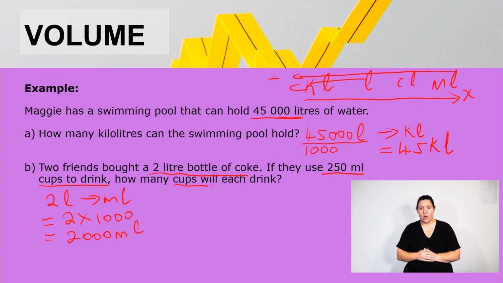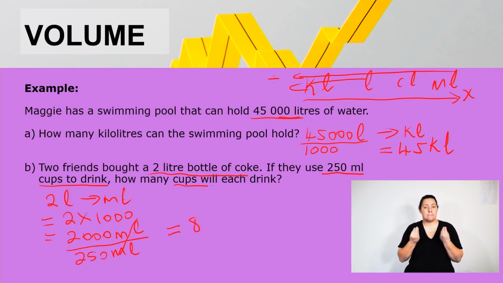We want to see how many cups 2,000 milliliters gives us. We will then divide by the measurement of 1 cup, which is 250 milliliters. The milliliters will cancel one another. Then we say 2,000 divided by 250. This gives us 8 cups.